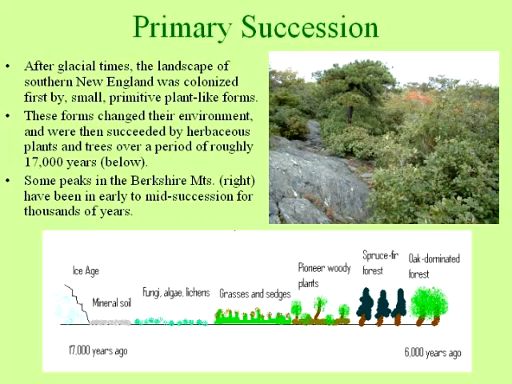When you get little pockets of soil and crevices in these rocks, then larger plants can start becoming established. Of course, this is a very slow process, and it's one of the reasons why these Berkshire Mountain peaks still have vegetation that looks like early to mid-successional kinds of vegetation.